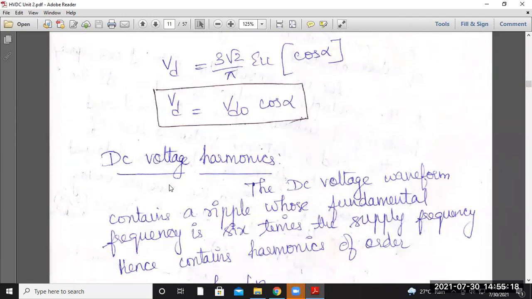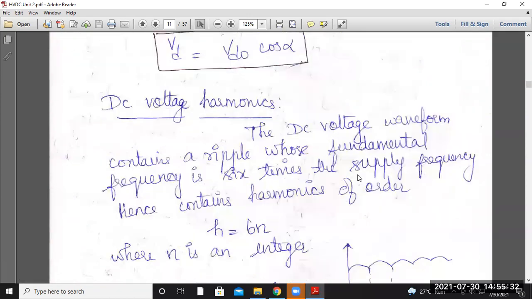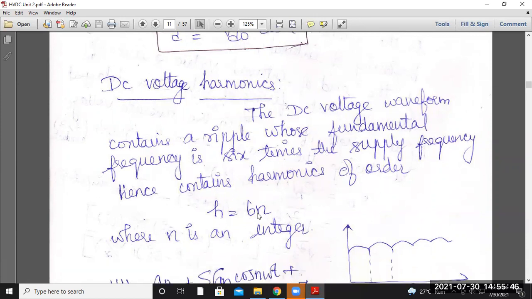Now, the second topic of this chapter is DC voltage harmonics. It is written that the DC voltage waveform contains a ripple whose fundamental frequency is 6 times the supply frequency, hence it contains harmonics of the order h equal to 6.